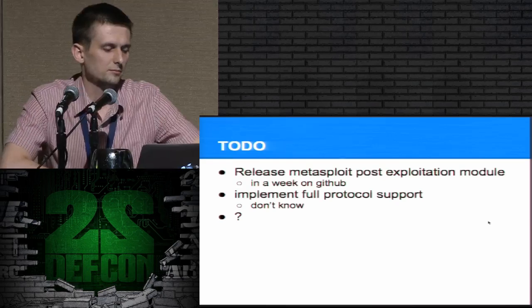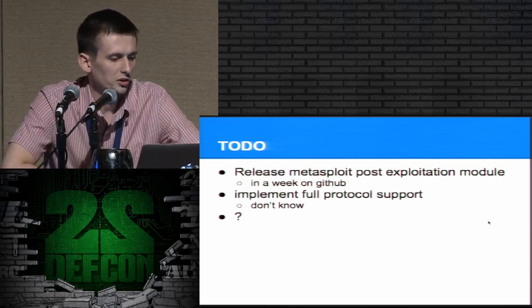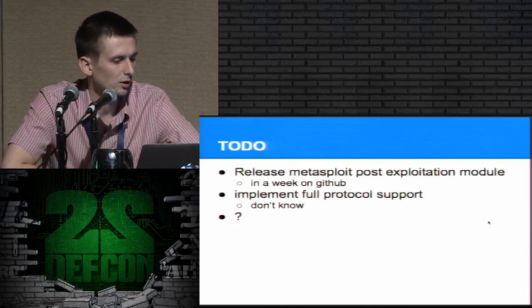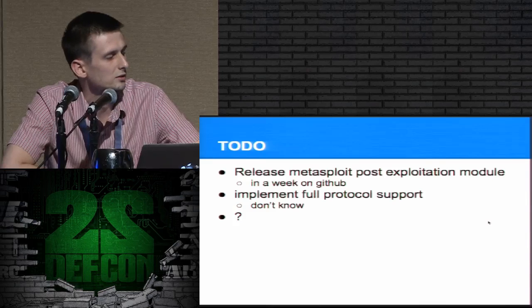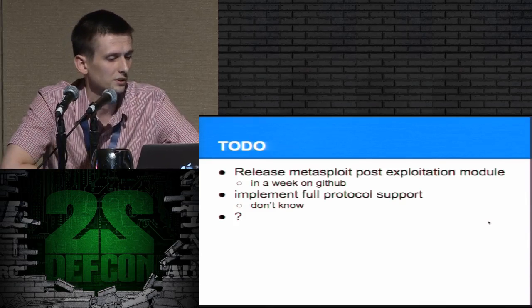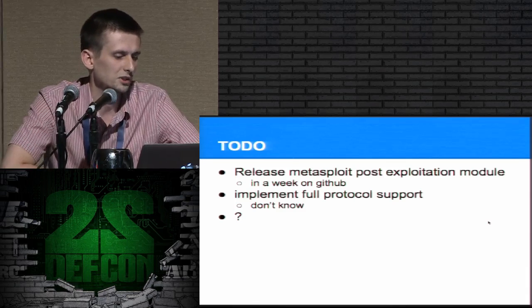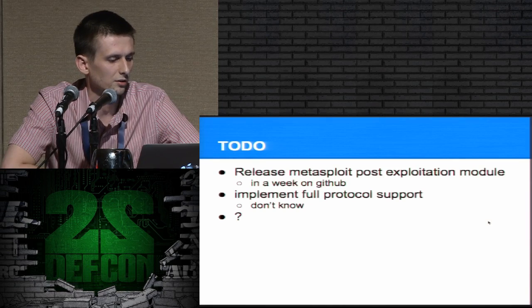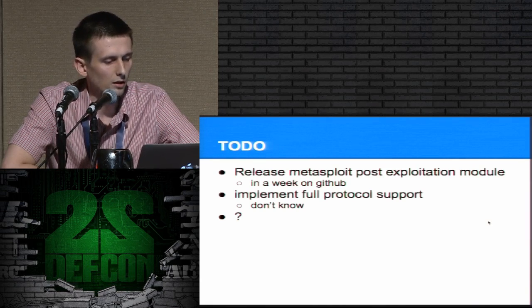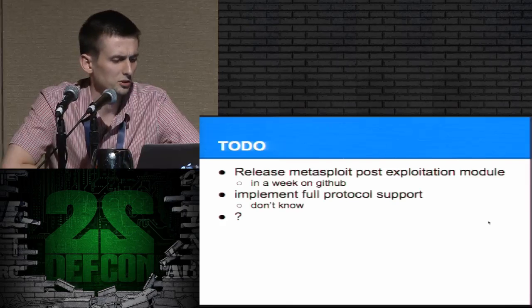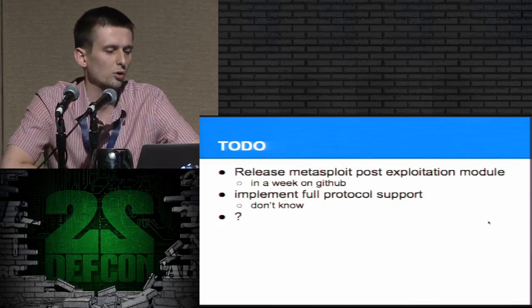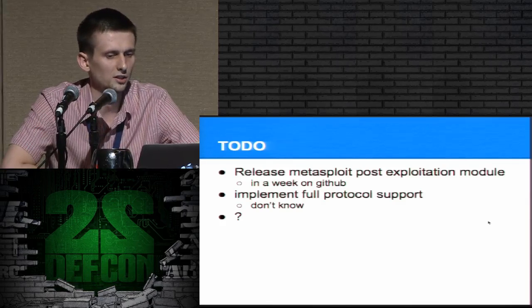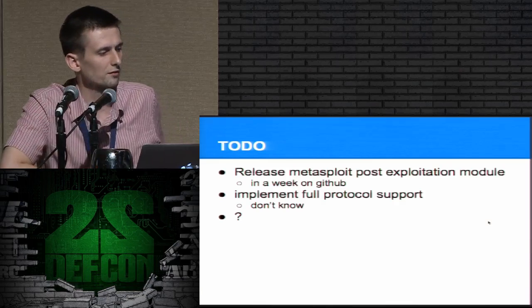So what's next? In a week I will release a Metasploit post-exploitation module, the implementation of the attacks. The current attacks are written in C and are currently on GitHub, but the Metasploit module is still a work in progress. It has some bugs. For example, it doesn't fully support the protocol and does not extract hashes from every operating system.